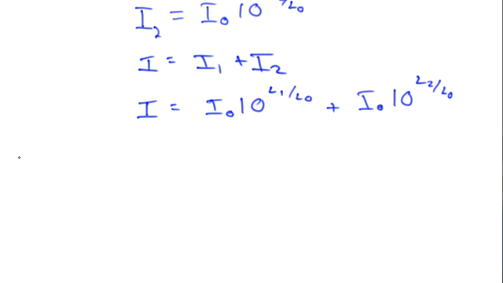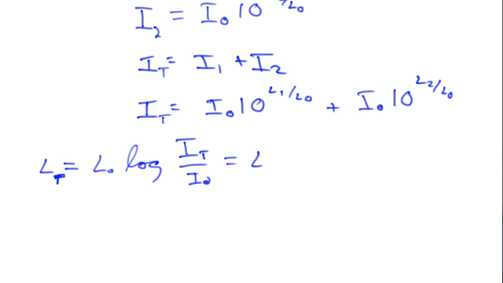I'll plug that into the total intensity level, I'll call it L total. L sub t for L total and I sub t for I total. That's equal to L0 times the log of I total over I0.